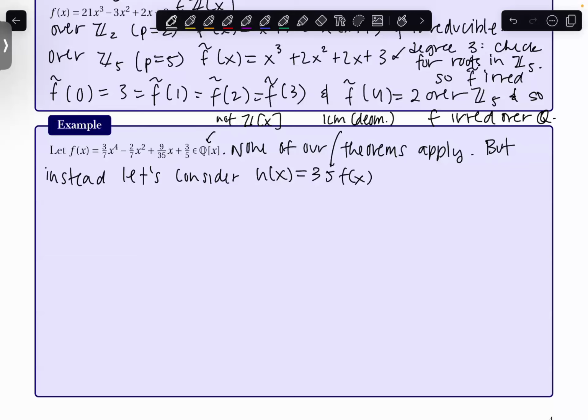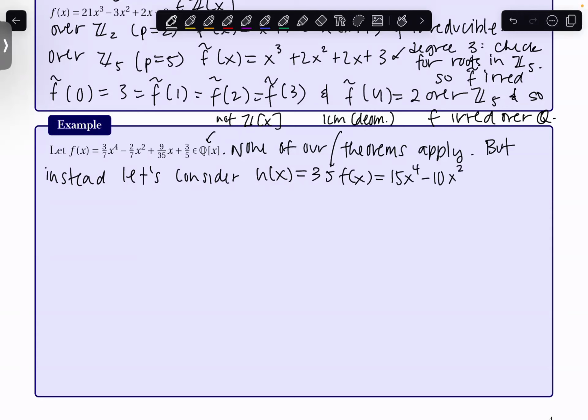Okay, and when I do this, what do I get back out? 15x to the 4th. Minus which constant? Yep, 10x squared.